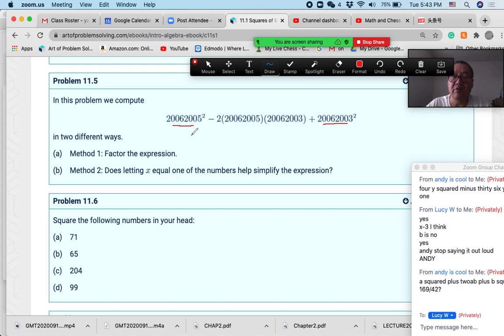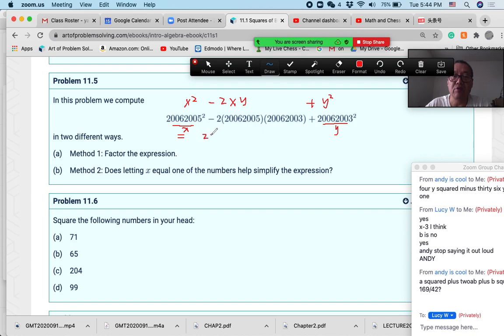Then you can factor this one, because if you think this one is x, this one is y. So this first, that's x squared. This one is x squared minus 2 times x times y, then plus y squared. So that means you can factor this one as x minus y parentheses squared.